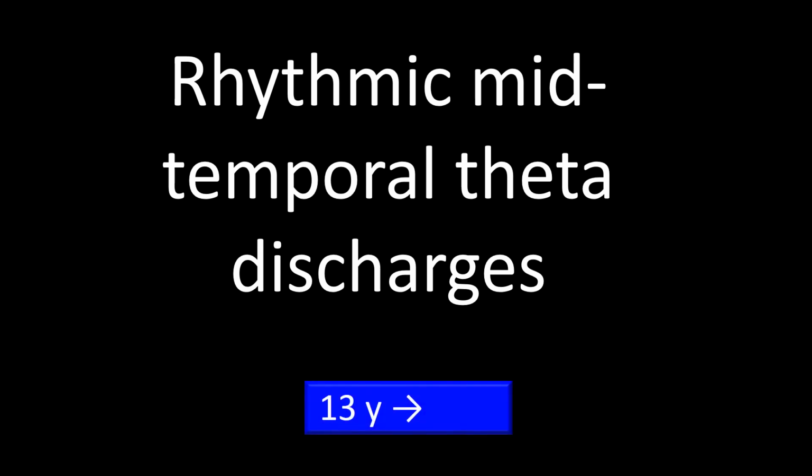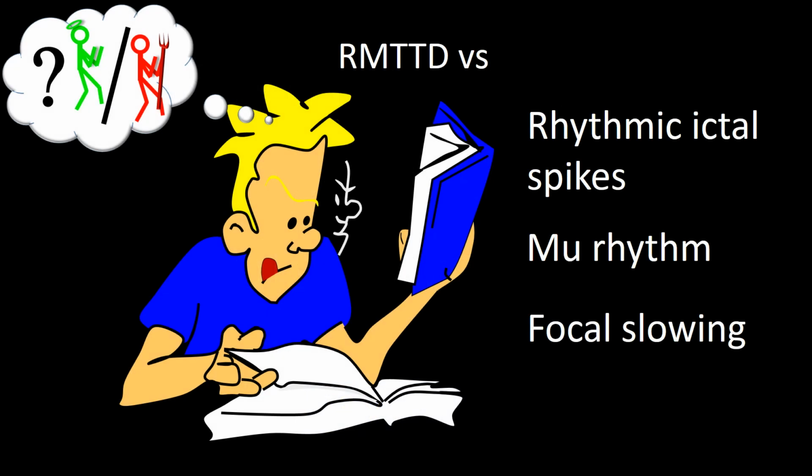The term that we would use most of the time will be rhythmic mid-temporal theta discharges. They usually present after 13 years of age, and they must be distinguished from rhythmic ictal spikes, mu rhythm, and focal slowing.